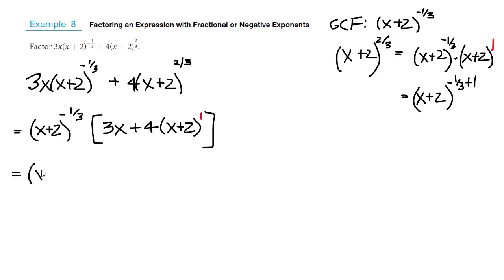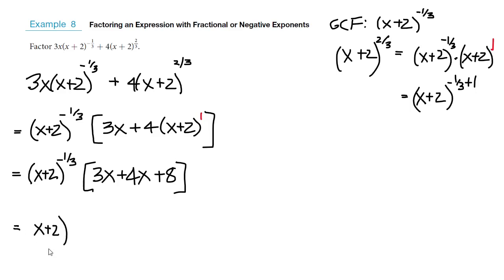So that will be (x plus 2) to the power negative 1/3 times [3x plus 4x plus 8]. And now all I have to do is simplify inside the square bracket. So the greatest common factor, (x plus 2) all to the power negative 1/3, and then I have 7x plus 8.